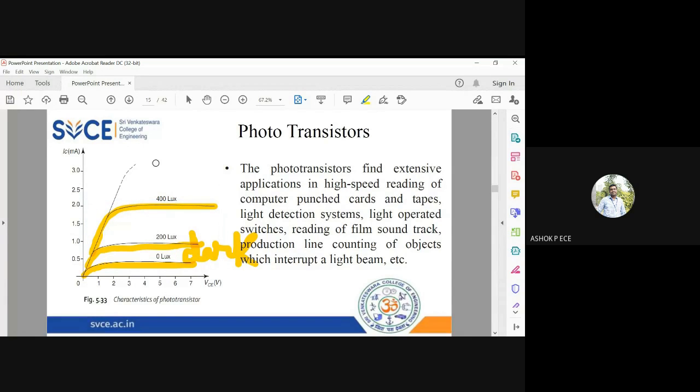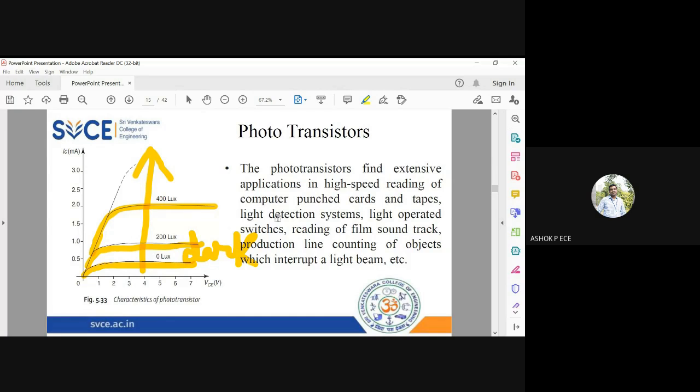So as the illumination increases, the photo current also increases. And the scenario when you have no light is called the reverse saturation current, or technically in photodiodes and phototransistors we call this current the dark current. Dark means there is no light. So when I am not going to radiate light into the device, logically speaking, current should not flow. But because of minority carriers, you will have a very minimal amount of current flowing through the device. That is called dark current.